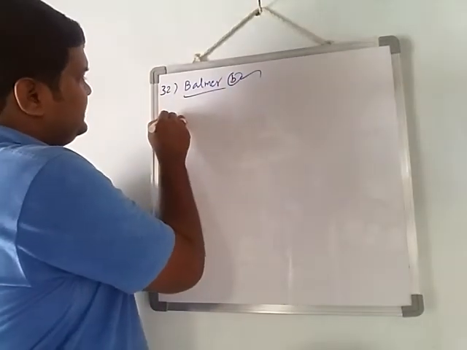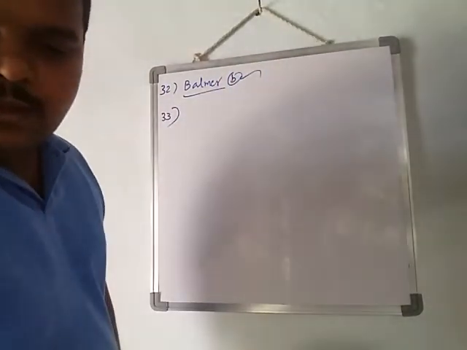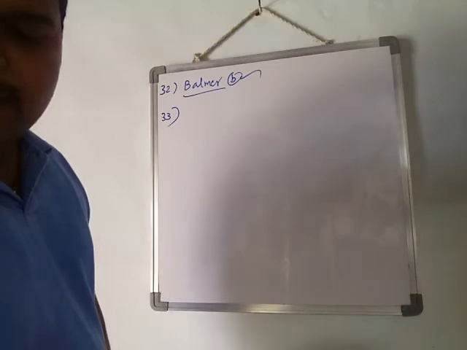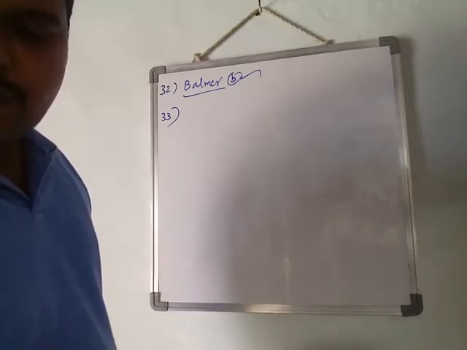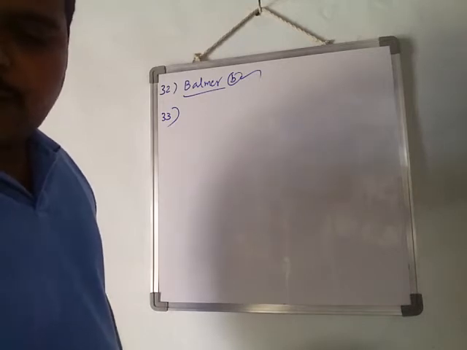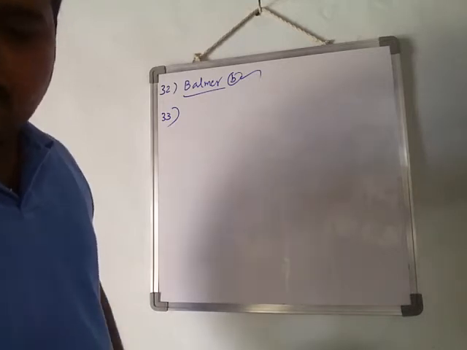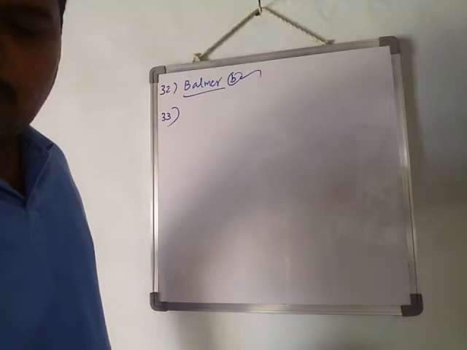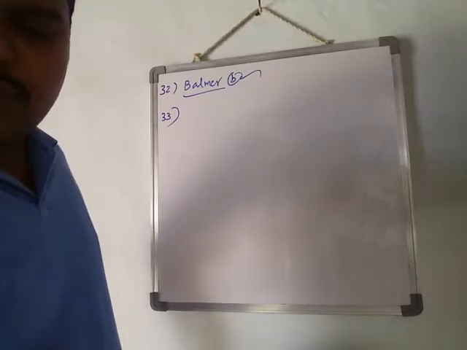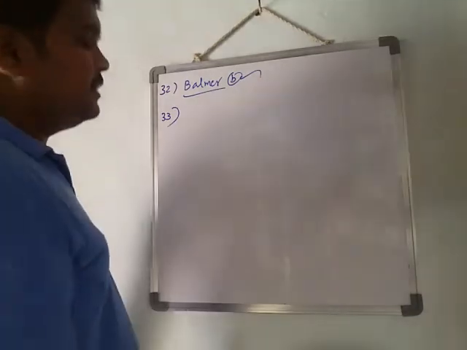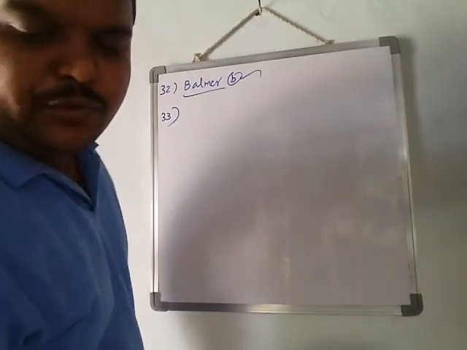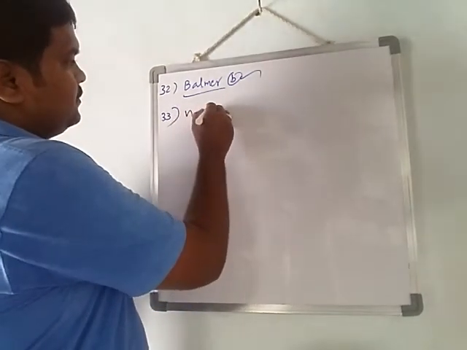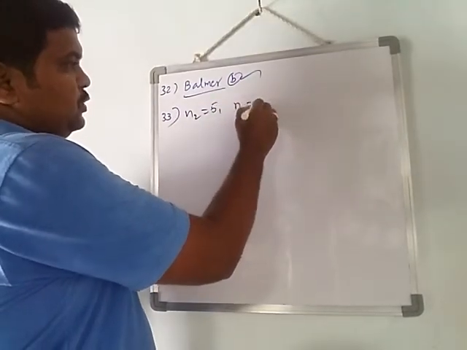Next question number 33. An electron in excited hydrogen atom falls from 5th energy level to 2nd energy level. Which of the following regions will the spectral lines be observed in, and part of which series of the atomic spectrum? So he is saying from 5th, n2 is equal to 5, n1 is equal to 2.